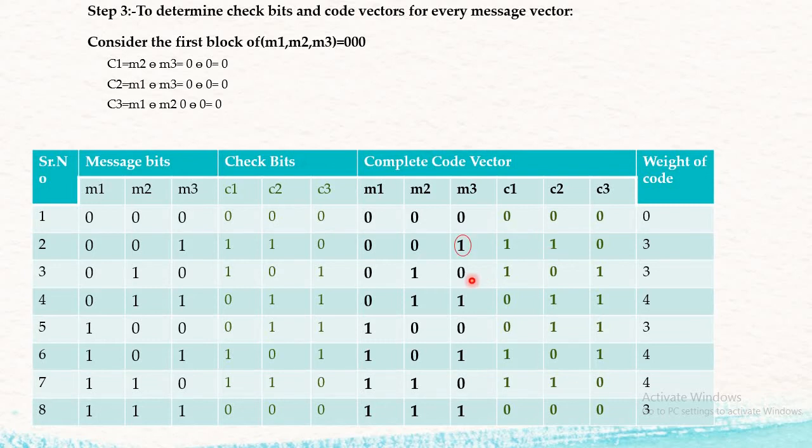Let's take one example. Let the second code vector be 001110. How many ones do we have? This is the first one, second one and third one, the non-zero values. So its weight comes out to be 3. In this way we find the weight of a code vector.